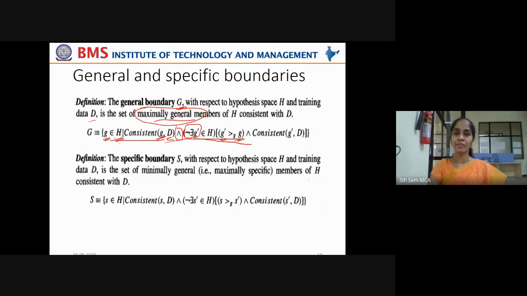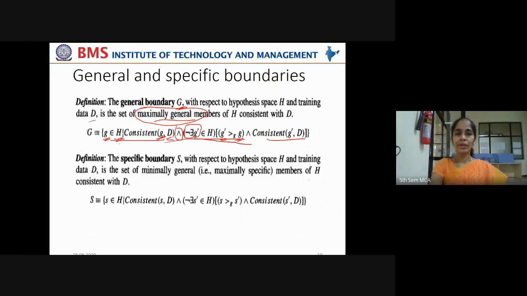generalization of the hypothesis. Okay, so there should not exist any G dash that belongs to the hypothesis space such that G dash is more general than G, and G dash is consistent with D. I'm reading this once again.